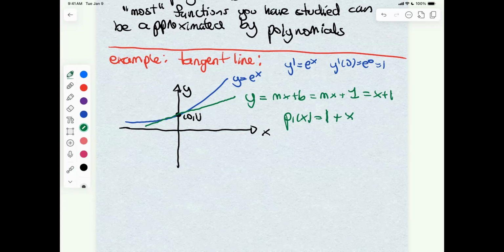So this is a degree 1 polynomial. Is that okay so far, everyone following up to this point?